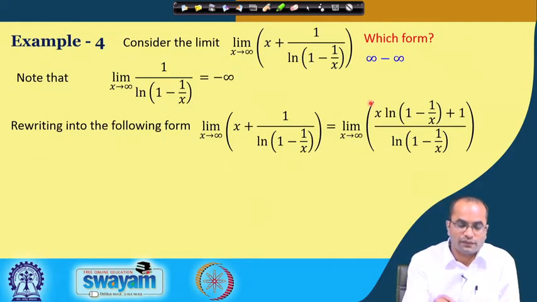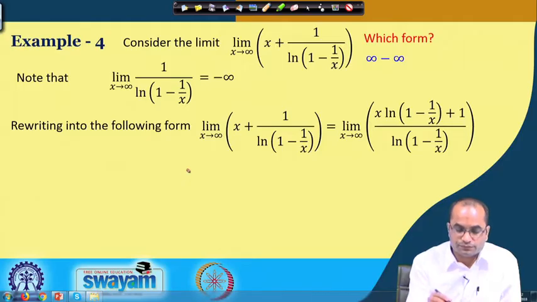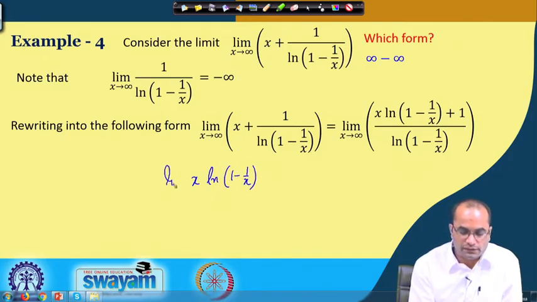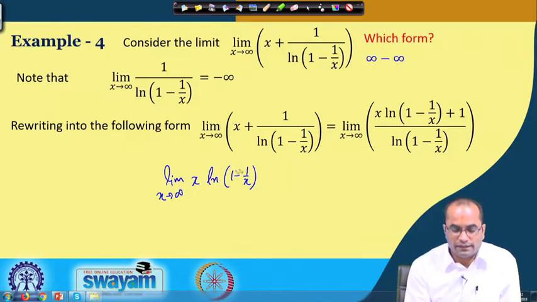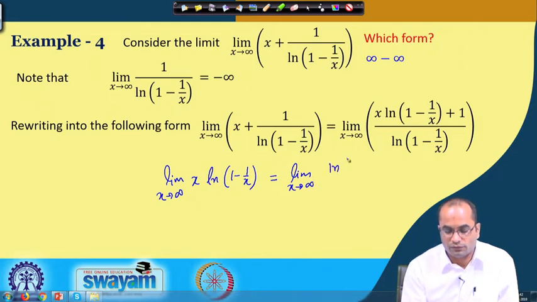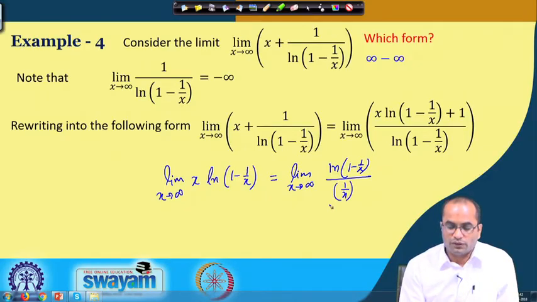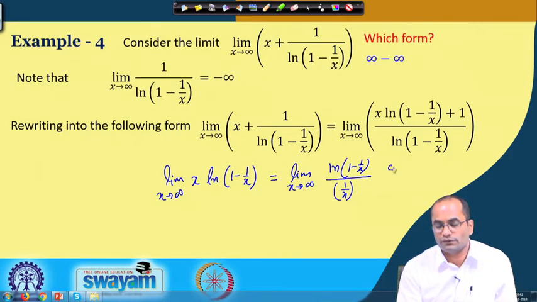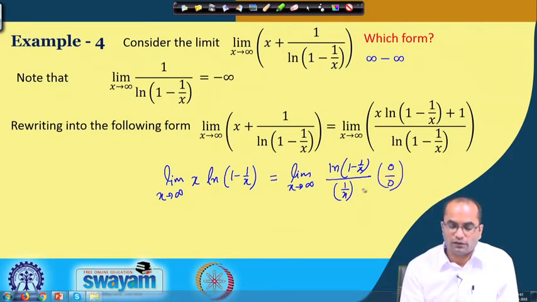Now, this one, this x times ln 1 minus 1 over x as limit x goes to infinity. So, in this case we have the infinity here and then ln 1, so 0. So, we have to rewrite this as limit x goes to infinity of ln 1 minus 1 over x divided by 1 over x. So, now, this is going to ln 1, that is 0, and here also 0. So, we have 0 by 0 form, and we can apply the L'Hopital rule.